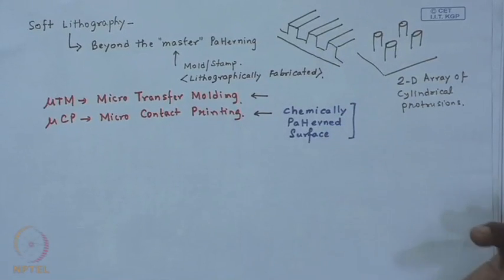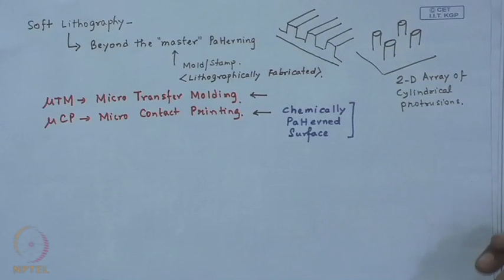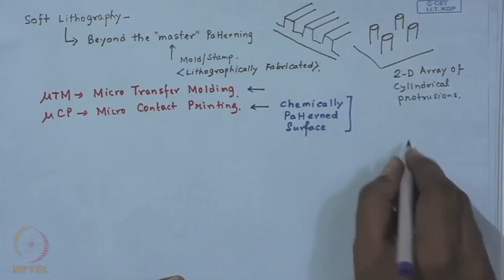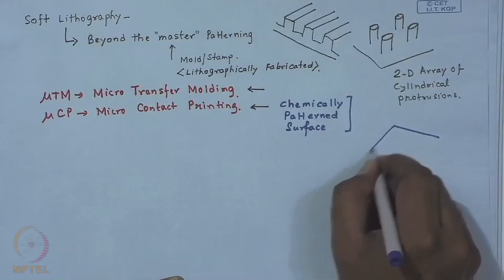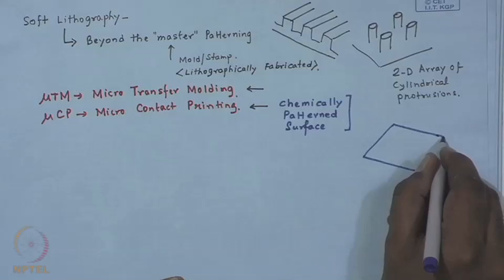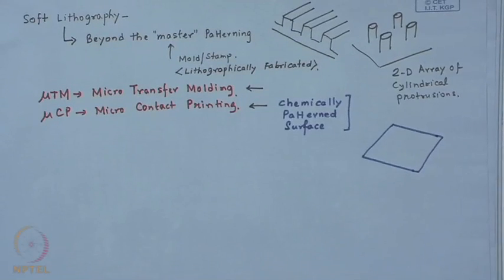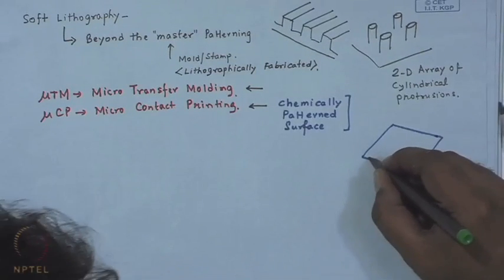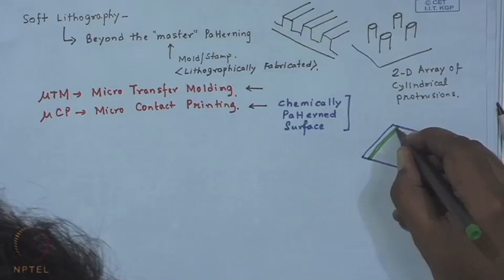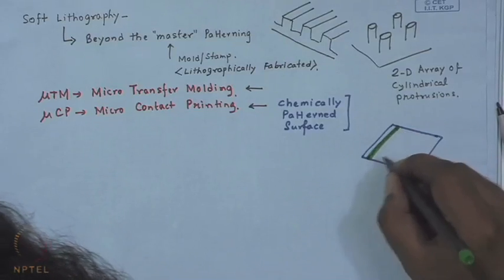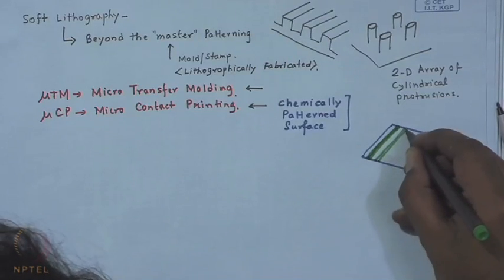Majority of the methods which make chemical patterns, if you remember, we have talked about what chemical patterns are. You do not have a topographic feature, but let us say you have a surface with different wettability regimes or regions on the surface.